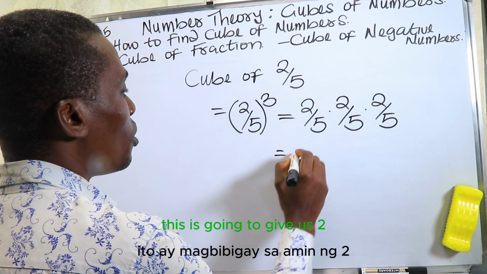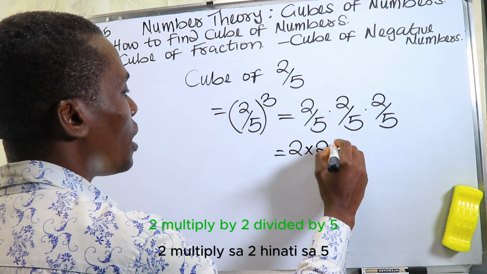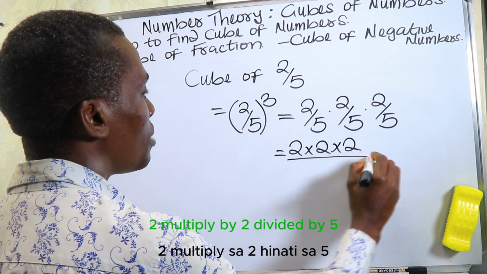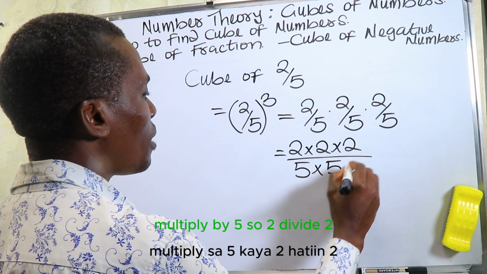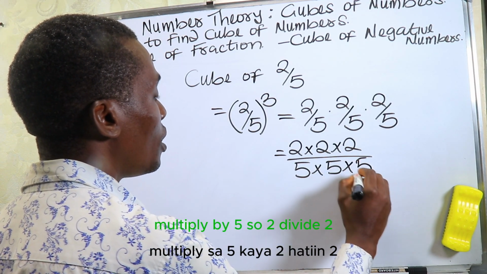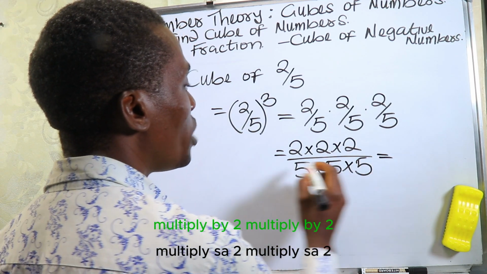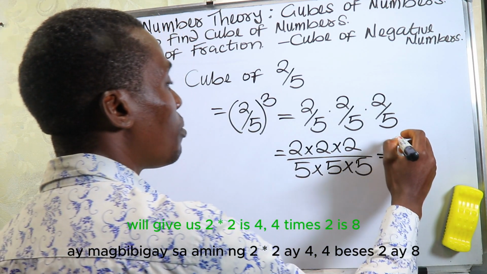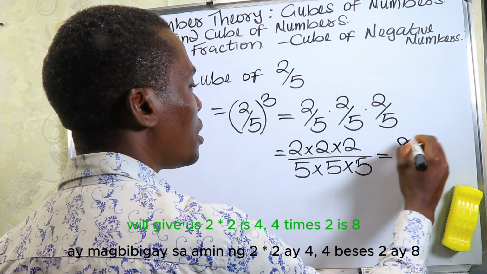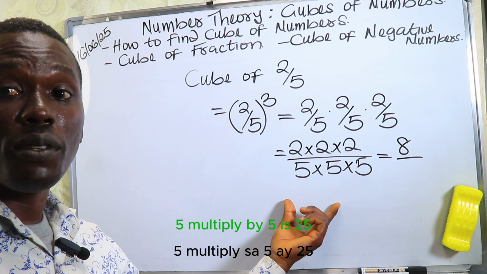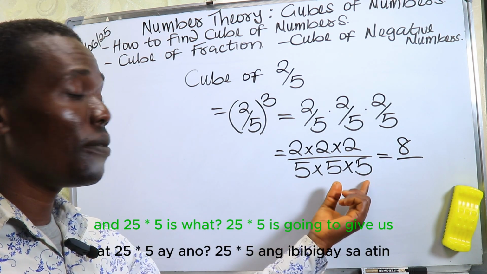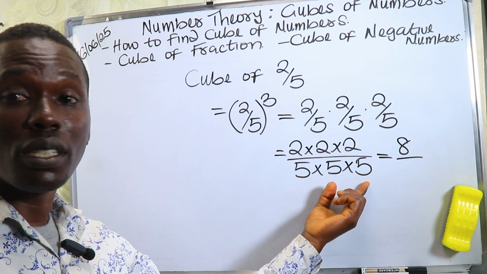This is going to give us 2 multiplied by 2 multiplied by 2 divided by 5 multiplied by 5 multiplied by 5. So 2 times 2 is 4, and 4 times 2 is 8. 5 multiplied by 5 is 25.